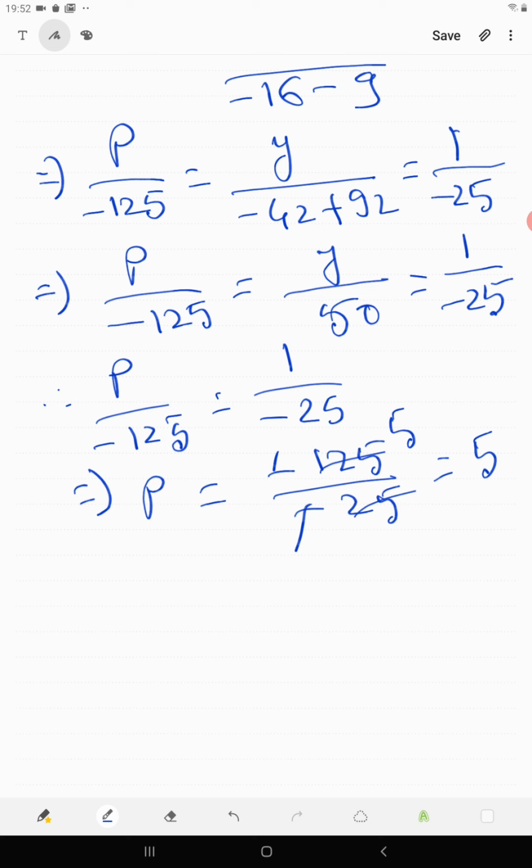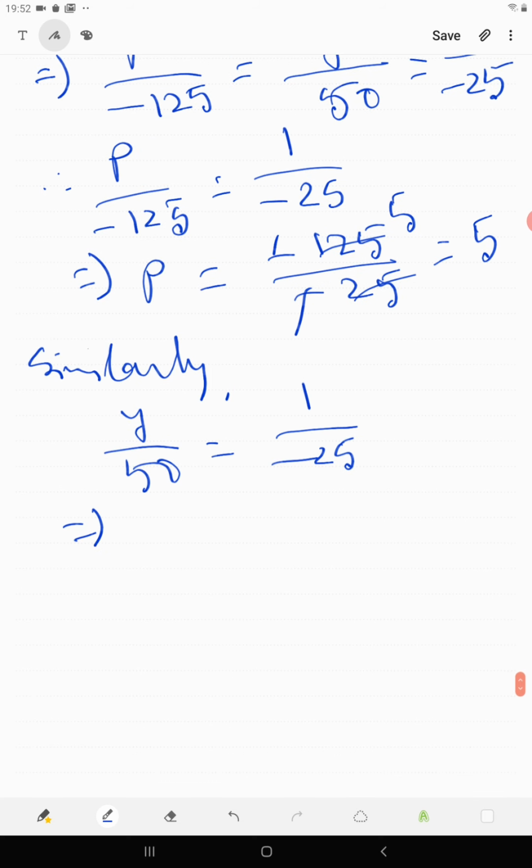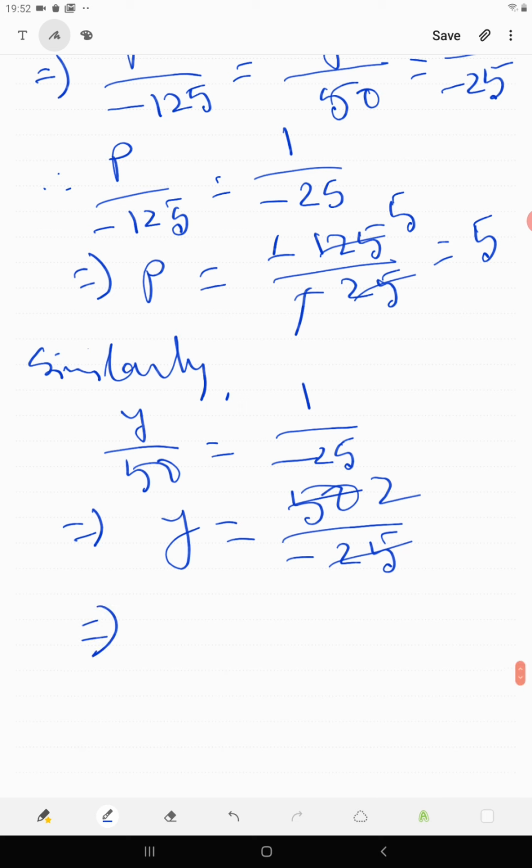Now similarly, y by 50 equals 1 by minus 25, correct? This simplifies to y equals 50 divided by minus 25. So 25 twos are 50, and the minus goes up, so y equals minus 2.